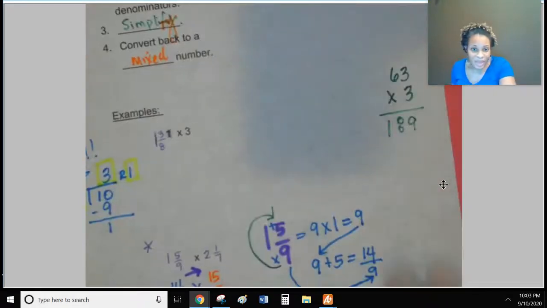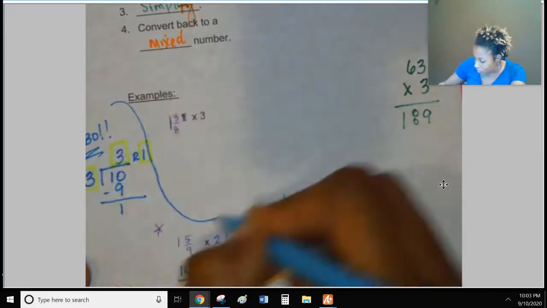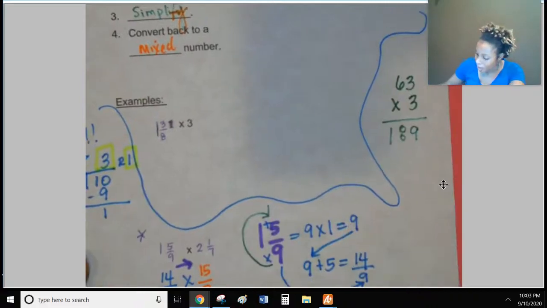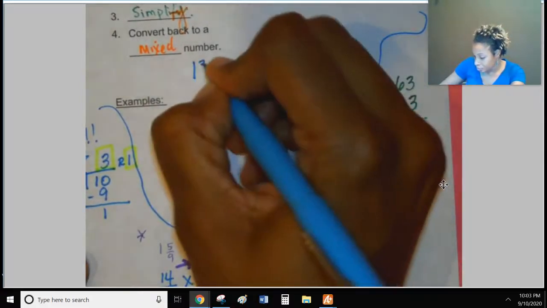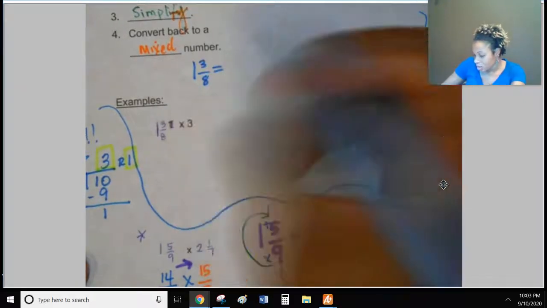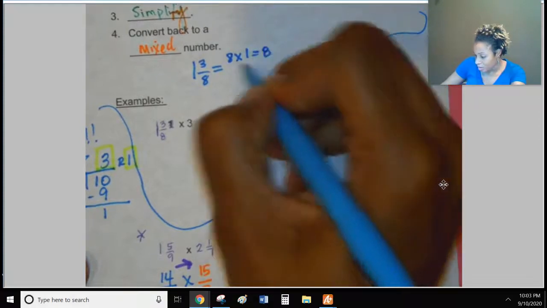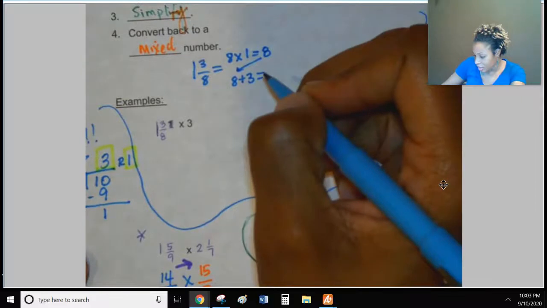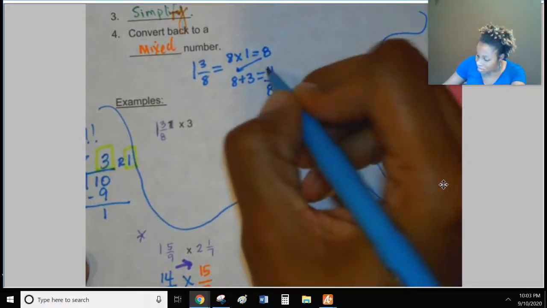All right, the last one is a little bit of work. Let me draw a little scribbly space so I don't get into the other problem. First thing I need to do is make this an improper fraction. So I'm going to go 8 times 1 equals 8. Bring my 8 down. 8 plus 3 is 11. 11 eighths is my new fraction.